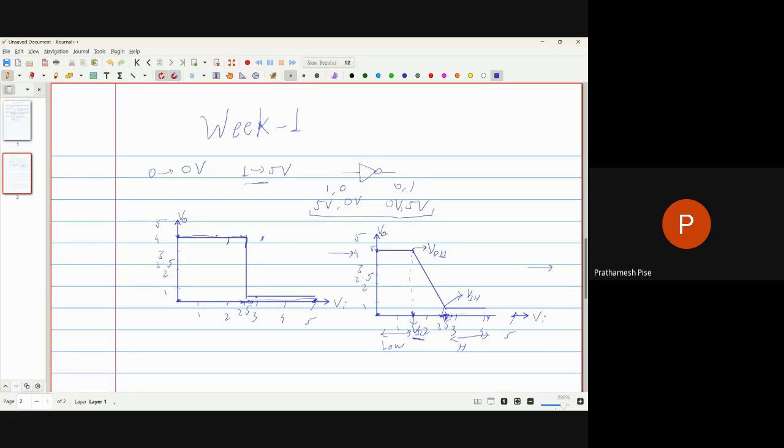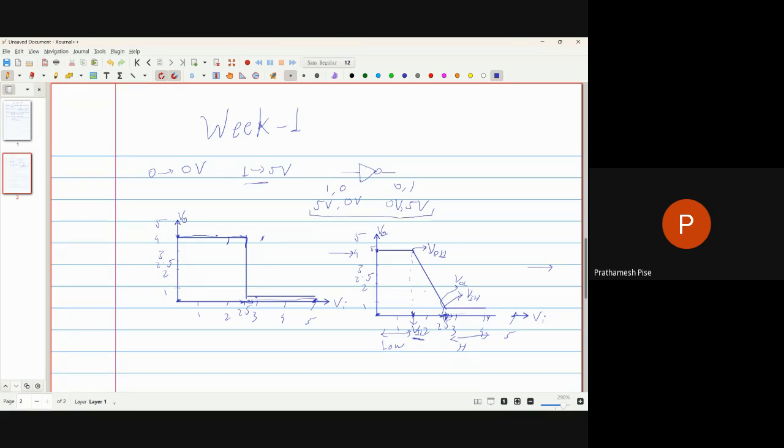And similarly, the y coordinate of this point will be considered as VOL. Any voltage below this level, which is around 0 in this case, will be considered as logic low. So these four definitions we have created just to convey all the information that exists in this graph.